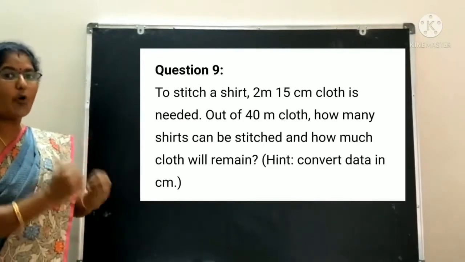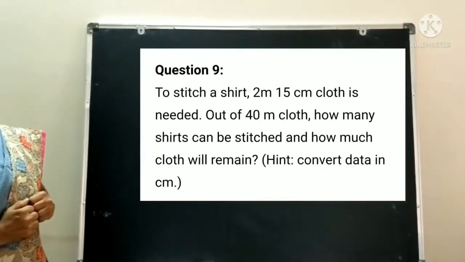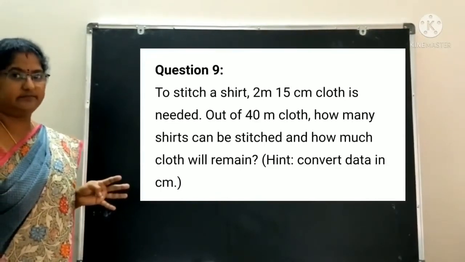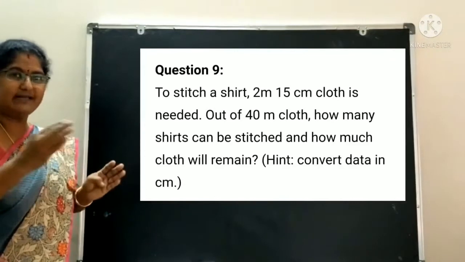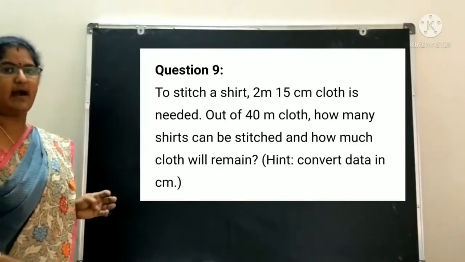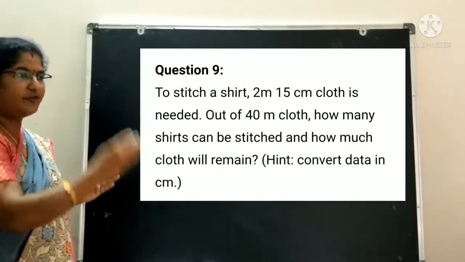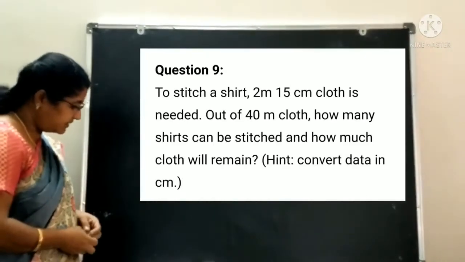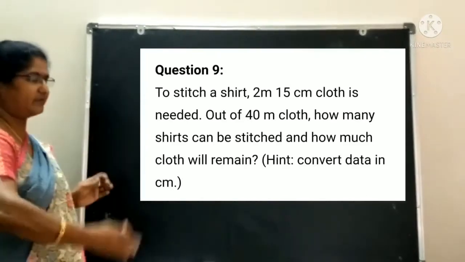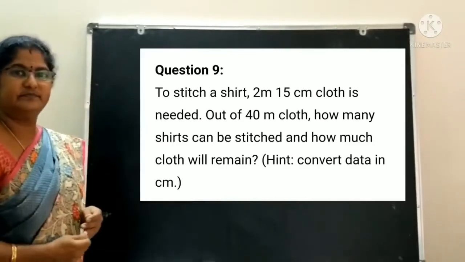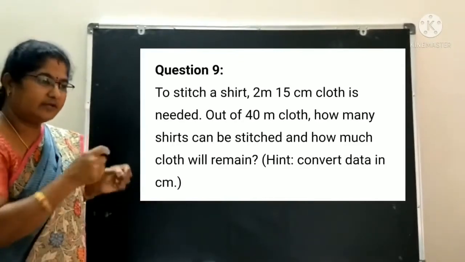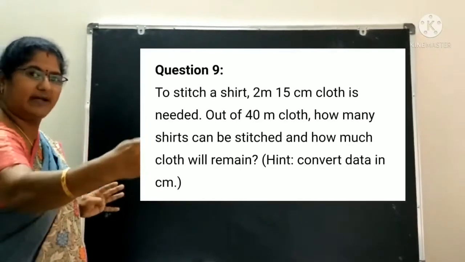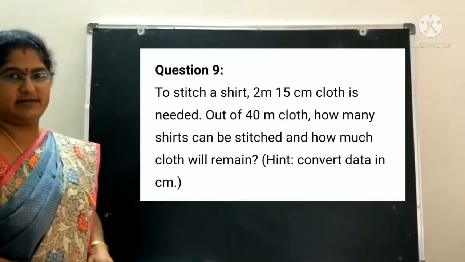In this, how many shirts can we stitch? So they gave the total, and we have to cut from this 40 meter cloth. For one shirt, how much is needed? 2 meter 15 centimeter of cloth we have to cut. So what to do? 1, 2, 3, likewise. So we have to cut and count the number of shirts.